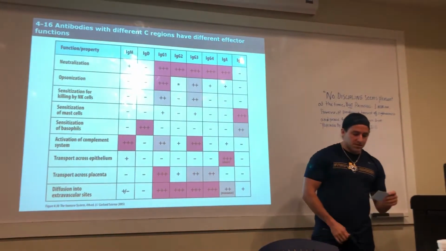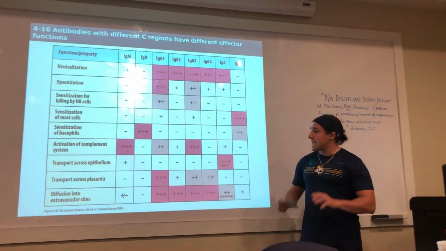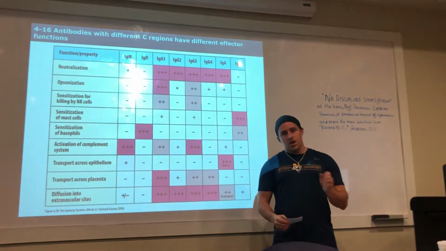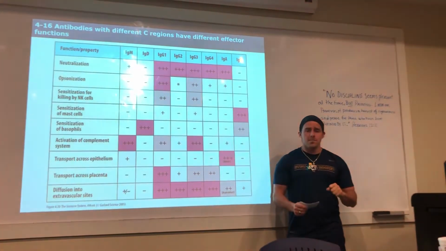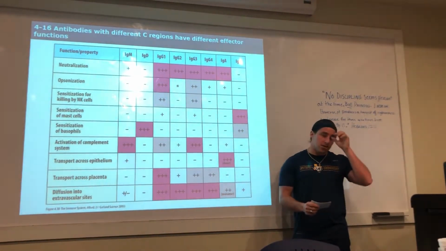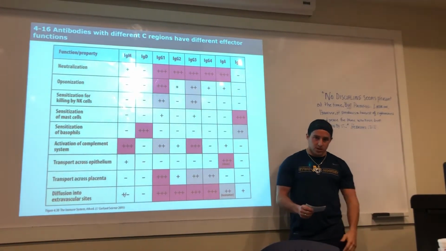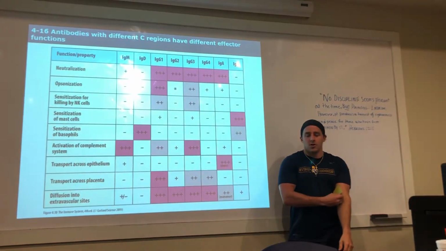Now, to remember all these different subclasses and the different isotype switching that we have from immunoglobulin, you can remember the word "damage": IgD for D, IgA for A, IgM for M, then IgG, and IgE, but we've already talked about that.